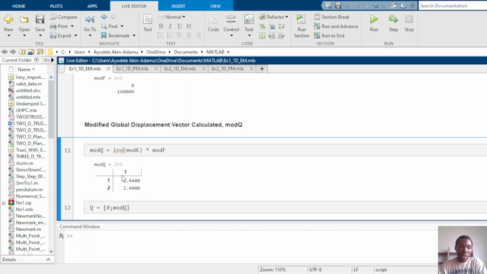What is the meaning of these two values? The 1.44 is the displacement quantity at node 2, and the 2.4 is the displacement quantity at node 3.